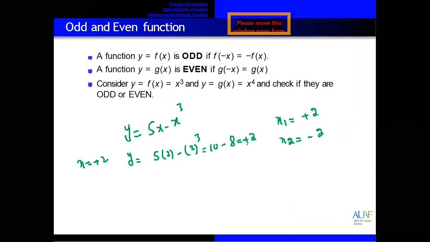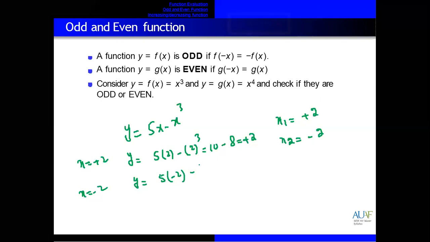Now if you give x is equal to minus 2, y is equal to 5 into minus 2 minus minus 2 cube. 5 into minus 2 equal to minus 10, and then minus 2 cube equal to minus 8. Multiply with minus equal to plus 8.